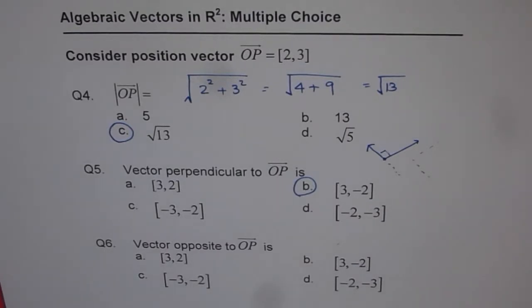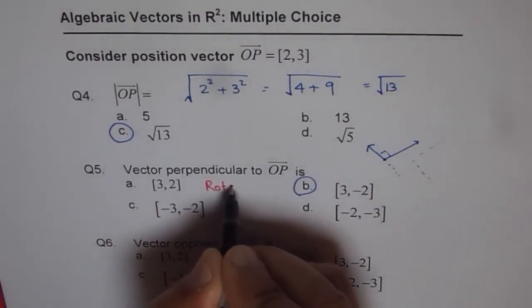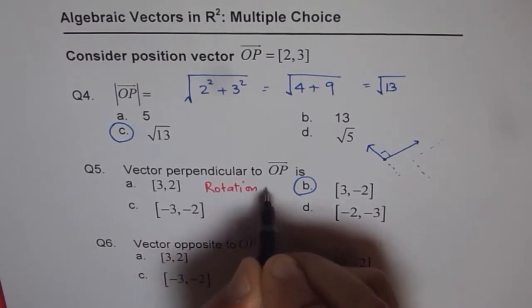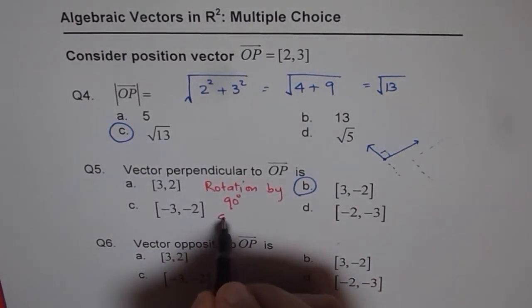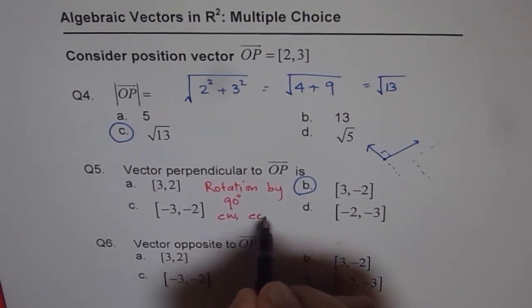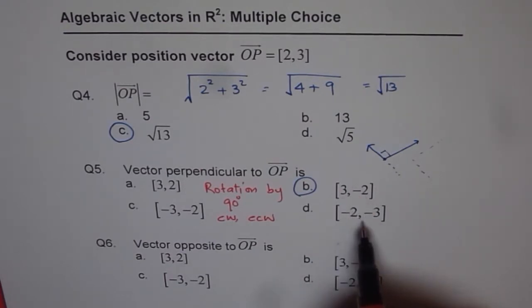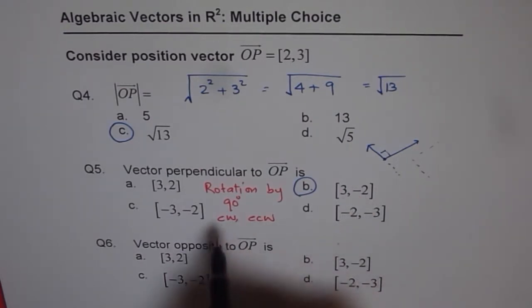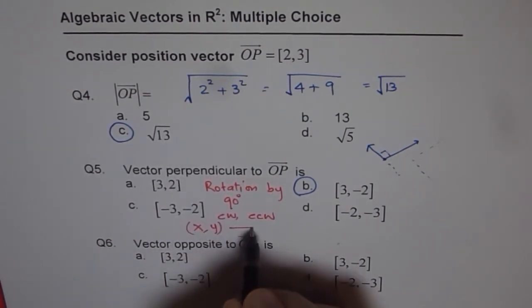What we followed here is kind of important to understand: rotation by 90 degrees, right? So it could be clockwise or counterclockwise, either way. So both ways you get your coordinates or the vector, right? So whenever you rotate, x, y swaps, right?